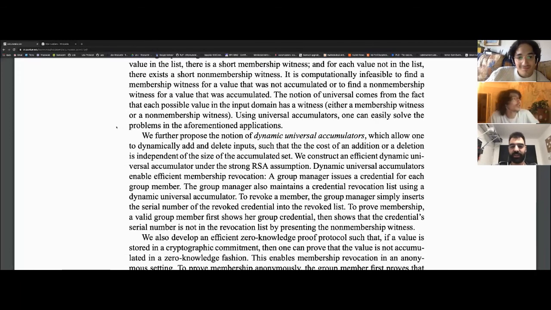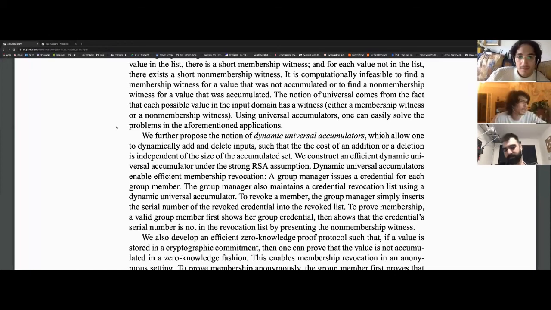30 seconds. So okay. So basically, they expand on the notion of dynamic accumulators by introducing this concept of a universal accumulator that, on top of supporting short membership proofs, also supports short non-membership proofs. It's an expansion in the sense that this universal accumulator can still be dynamic, but now being dynamic also encompasses the notion of being able to update efficiently the non-membership witness, because that's what you get on top of that.